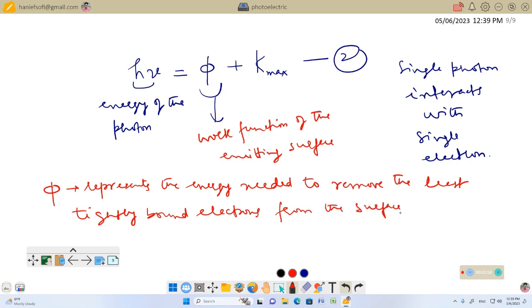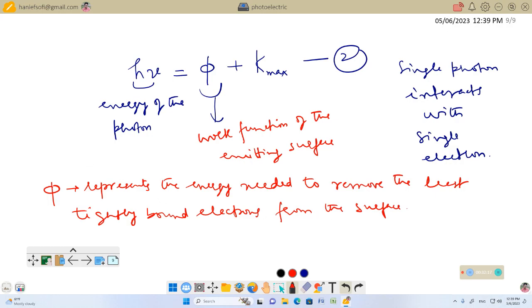Remember, in the metal, electron is bound by attractive forces of the metal body. First, this electron is to be freed from those attractive forces, only then it can move.